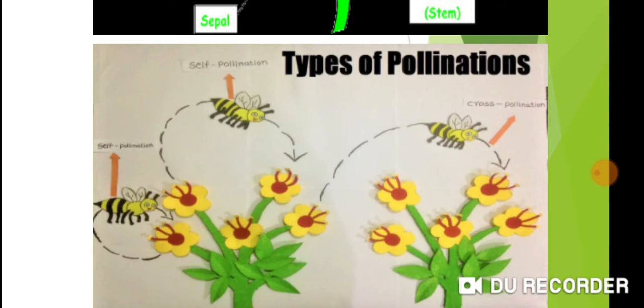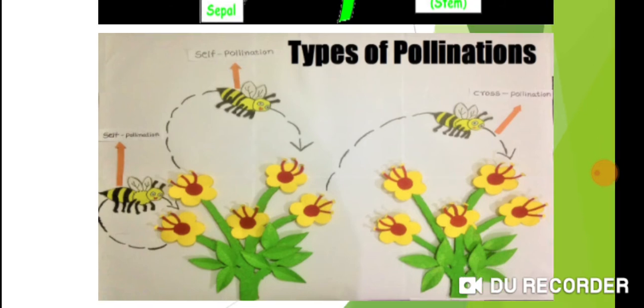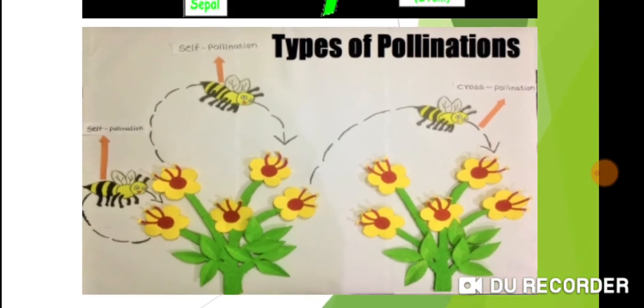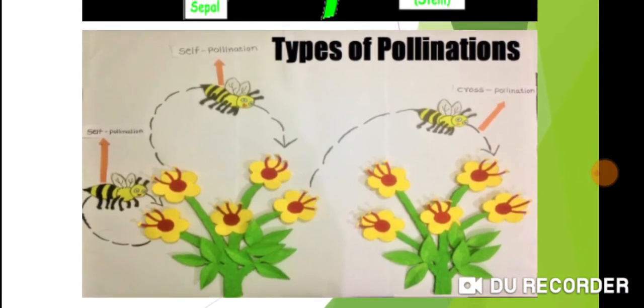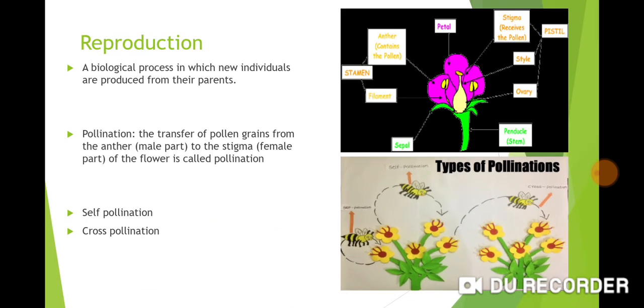Basically, the pollen grains attach themselves to the bottom of the honeybees, and therefore the transfer of pollen grains takes place. So these are the two types of pollination which I tried my best to elaborate to you with a clearer picture.